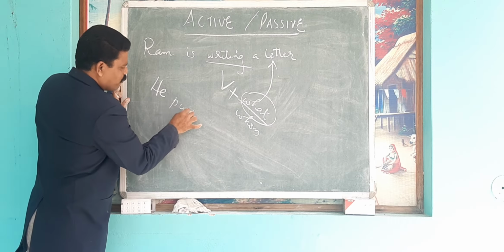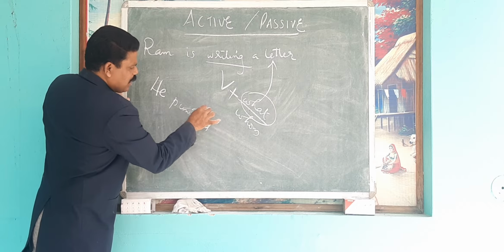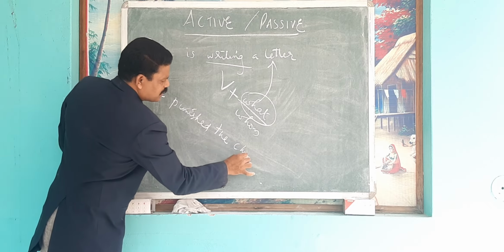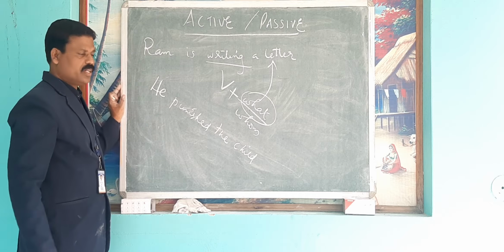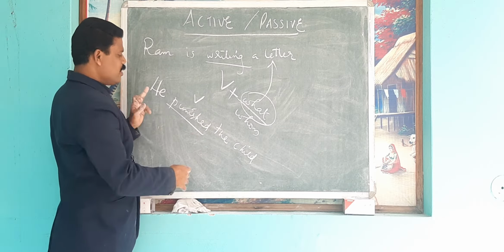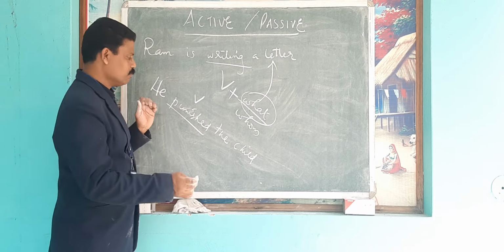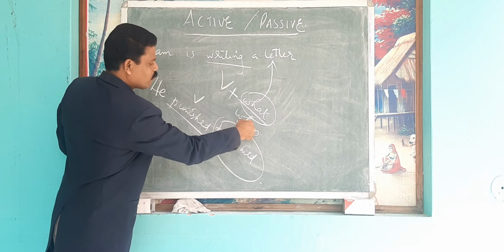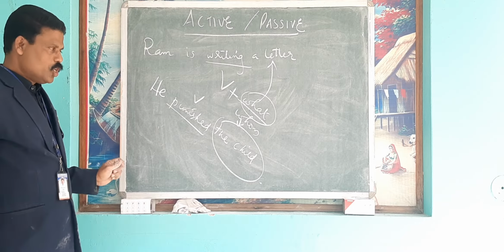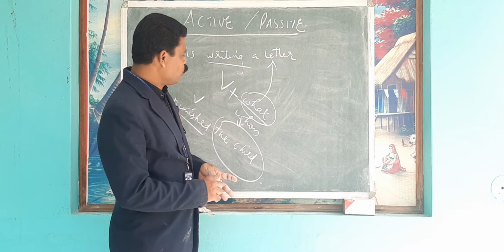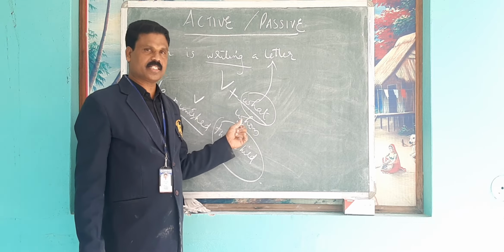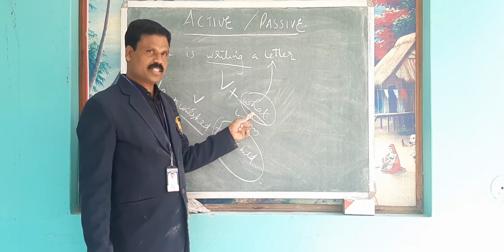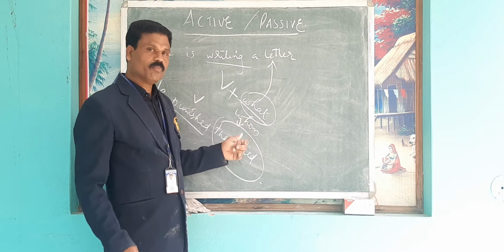He punished the child. Punished is the verb. He punished whom? The child. So we notice that there are two types of objects. One what, another whom.